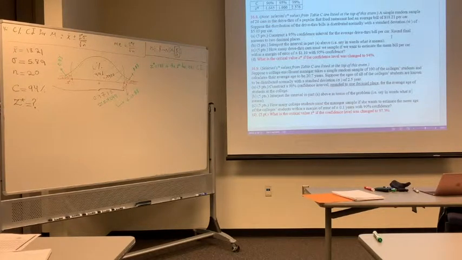Like a given level of something, I have a Z star for a given level. You're kind of trying to find the Z star for the ones that aren't given. I'm trying to find out.